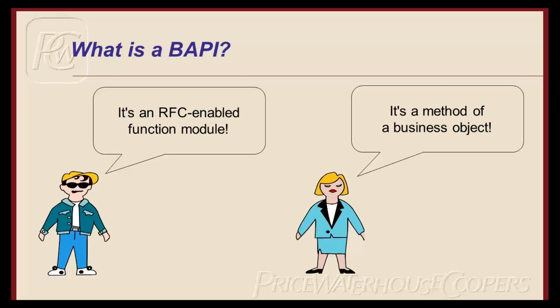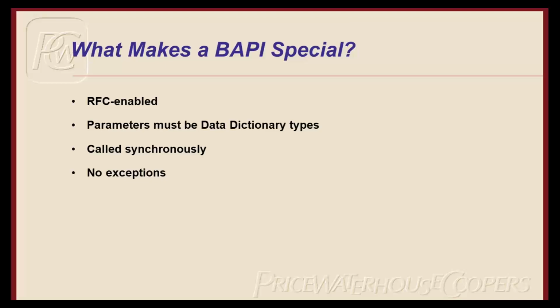Method in the sense that, like a class has methods, similarly we will be adding this BAPI function module as a method in the BOR. So both the statements are correct.